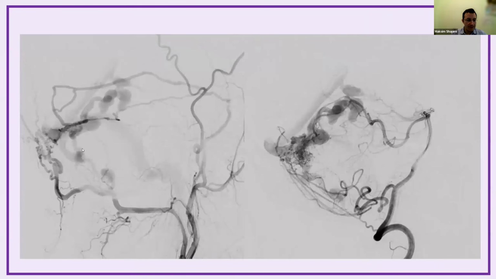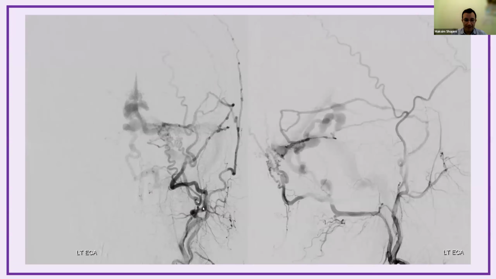Okay, so here on the left is just the lateral injection. Here you have the frontal and the lateral. Tentorial. It doesn't seem midline, right? So it's not a falcine. It's off midline.